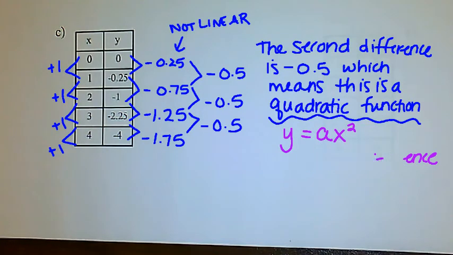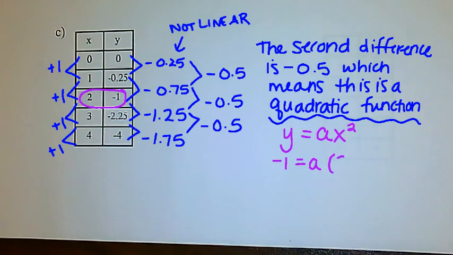Okay. So in order to find a, what we're going to do is we're going to pick a point. So you don't want to use 0 because that's not going to be helpful. So I'm going to use this point because there's no fractions. Okay, so y is equal to negative 1. So we're solving for a for this one.